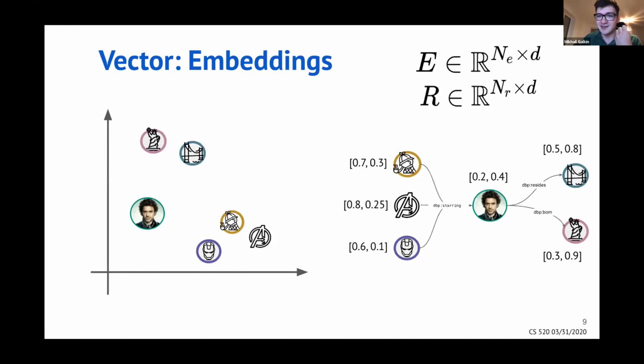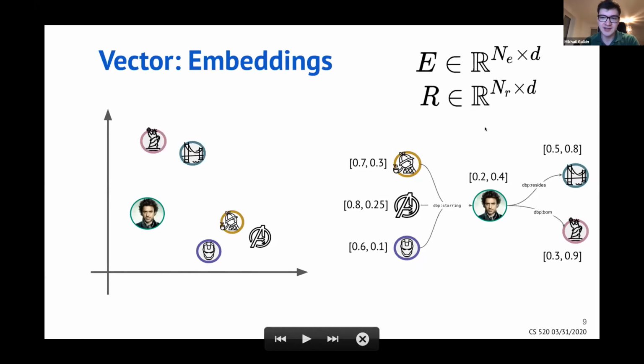So for instance, entities will be contained in a matrix, in a tensor of certain size, which will actually be the number of entities by some dimension, like 200 or 1000. So here I try to give a short example of what we can have as a two-dimensional knowledge graph embedding.